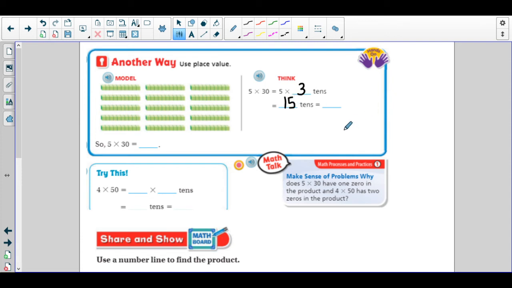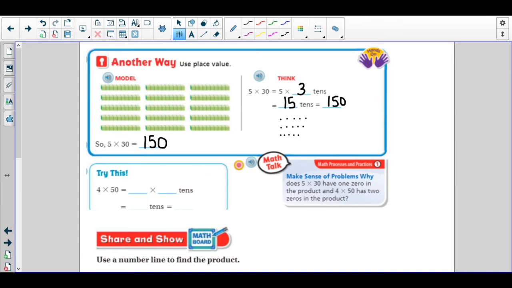And if I counted by tens, up to 15: 10, 20, 30, 40, 50, 60, 70, 80, 90, 100, 110, 120, 130, 140, 150. That's what I would have right here. So 5 times 30, once again, 150.